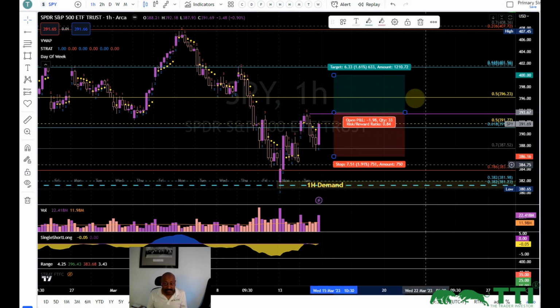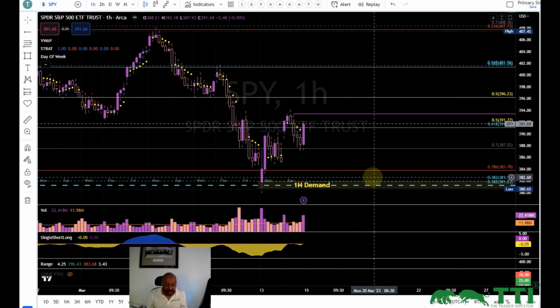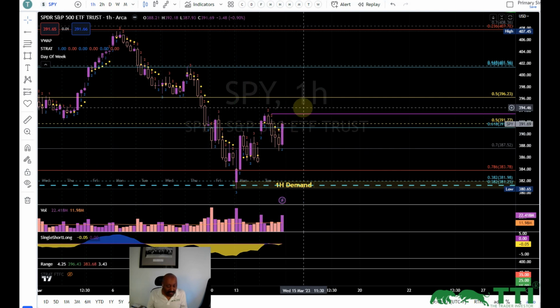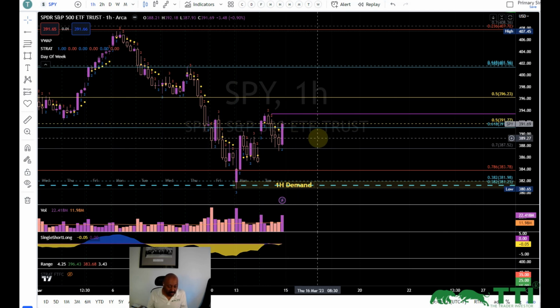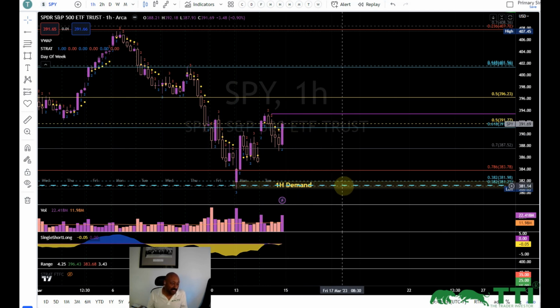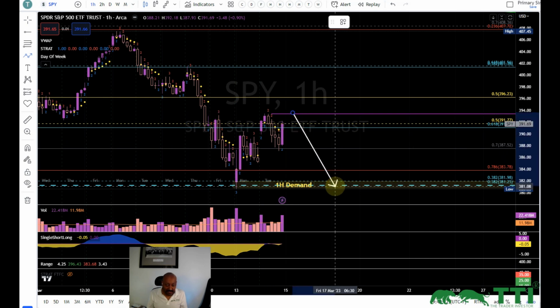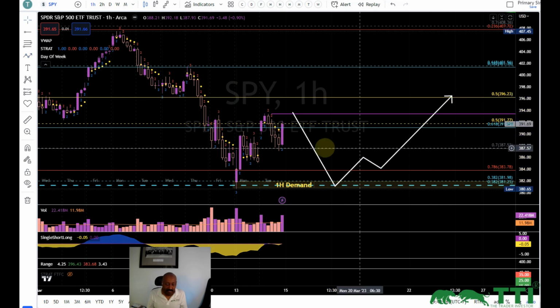But on the flip side, if price now gives me a good hammer, inverted hammer, railroad tracks to go to the downside, I'm going to target the demand zone. And the third possibility is if I get this, right?